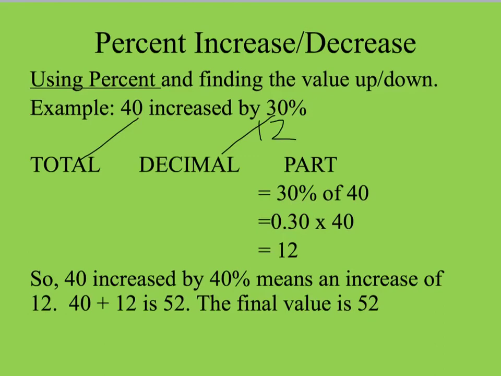That means 40 plus 12 is 52. The final value is 52. So a real world example of this could be there were 40 people at the chess club on Monday, and on Wednesday it had increased by 30%. That means 12 more people came, and there was a final number of 52.